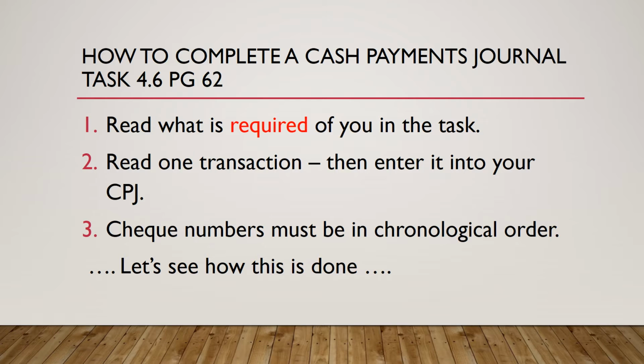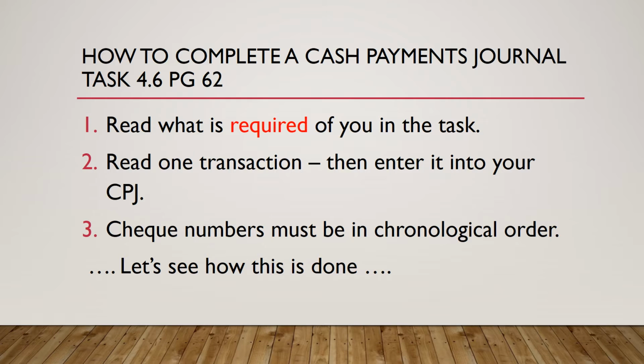So in your exercise book, you are going to turn to task 4.6 and get ready with your pencil so that you can enter the transactions. Then you're going to read one transaction and then enter that transaction in your cash payments journal.